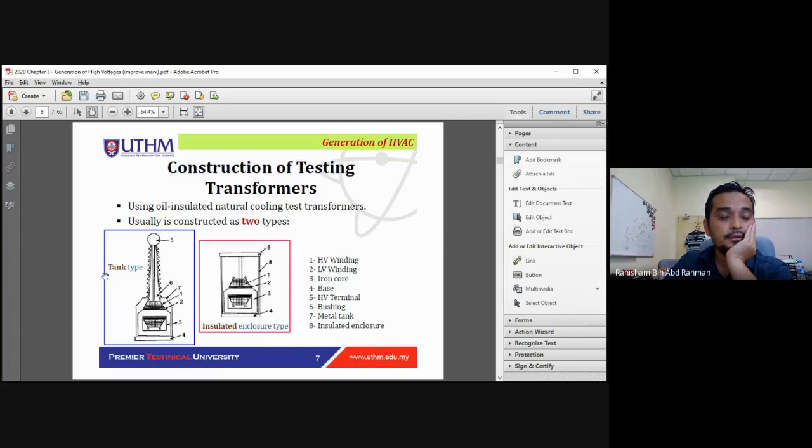Maybe you need to understand the construction design of these two transformers and be able to differentiate them, or take note of the advantages and disadvantages of these two transformers. What are the advantages of this one and what are the disadvantages of this one?